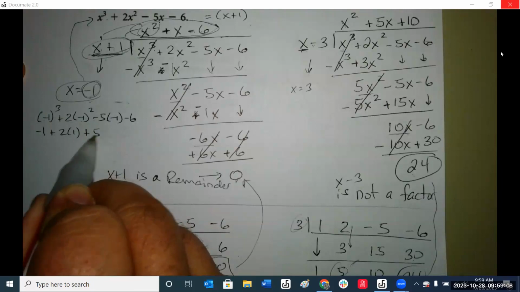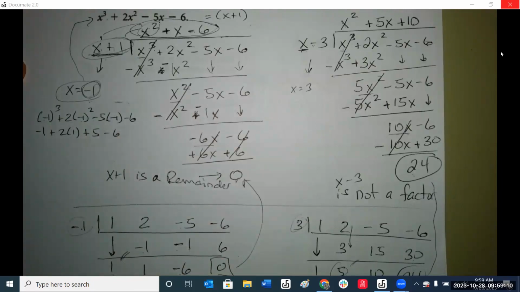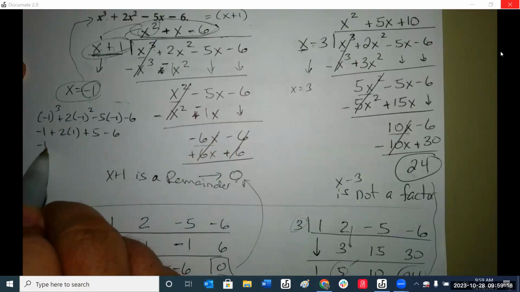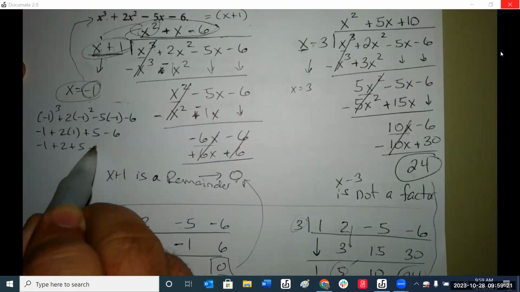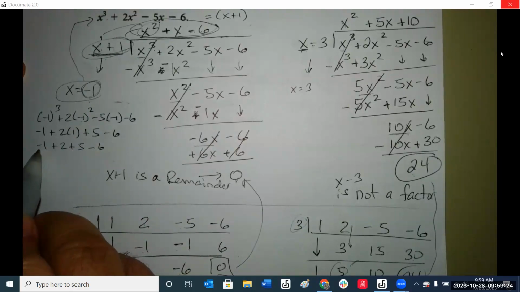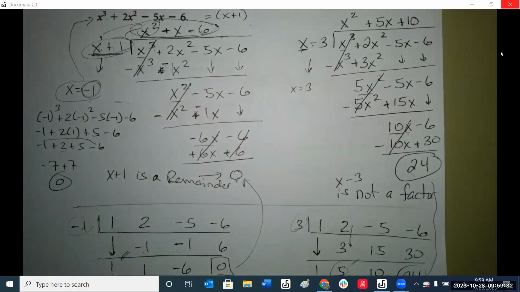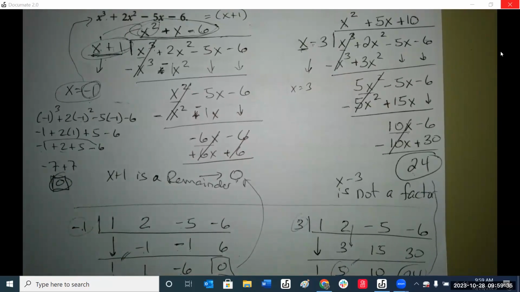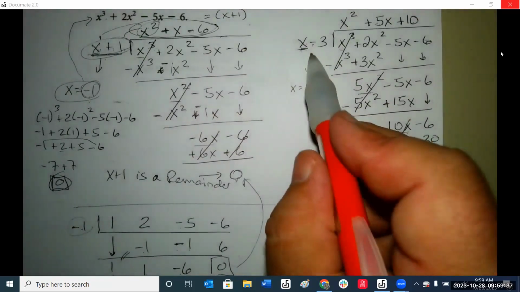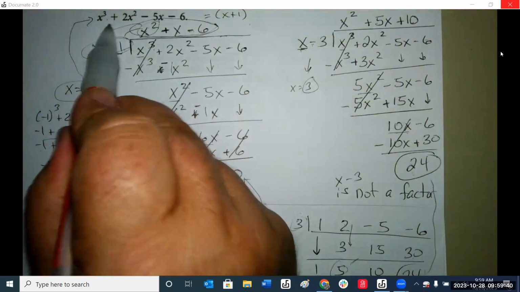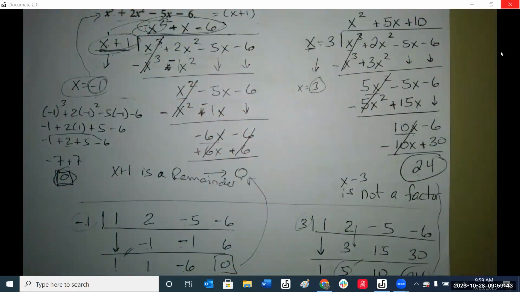Negative times negative is a positive 5. We have negative 1 plus 2 plus 5 minus 6. Negative 1 and negative 6 is negative 7. 2 plus 5 is 7. 0. There we have it. Do the same thing. If we plugged in 3 in this equation, the answer would be 24. So there's 3 ways you can do it.